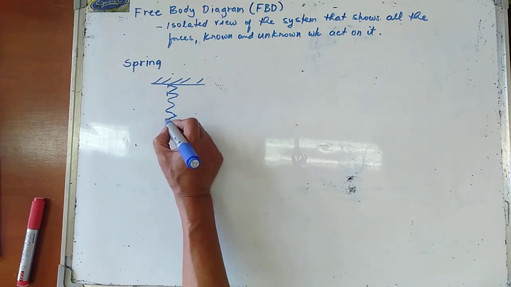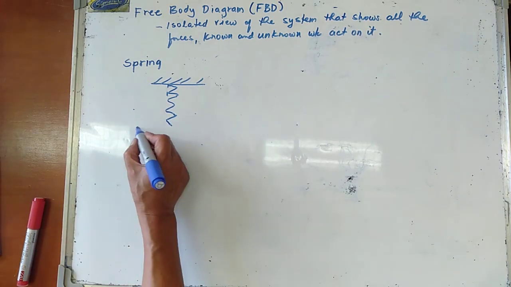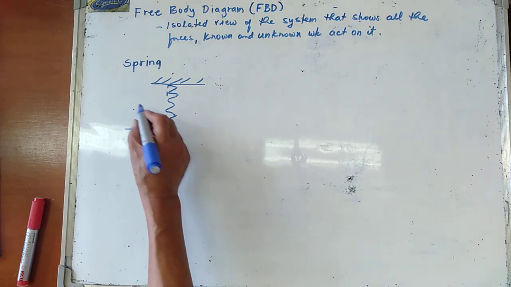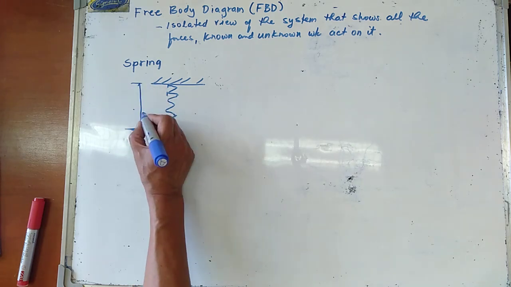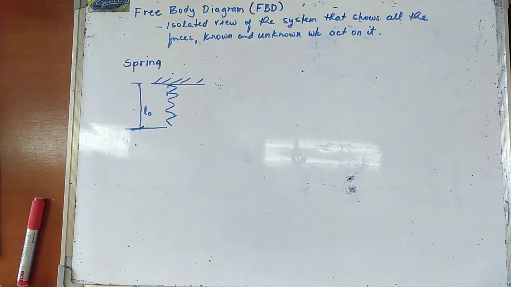Okay, so we now have your spring. Now, let's consider that the original length of the spring in here is LO, which is the original length of the spring.